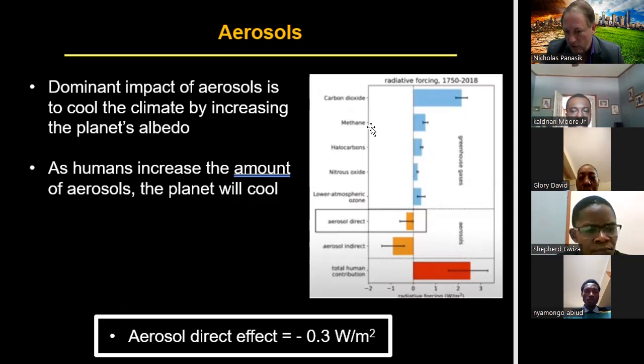And if you combine all of these, and I'll talk tomorrow or Wednesday more about the indirect effect, but if you total all these up, we can see our total radiative forcing is going to be somewhere around 2.5 watts per meter squared of what we've currently put into our atmosphere up until now. This isn't talking about what we're putting in later, but what we've put in since 1750. This would be the radiative forcing from 1750.